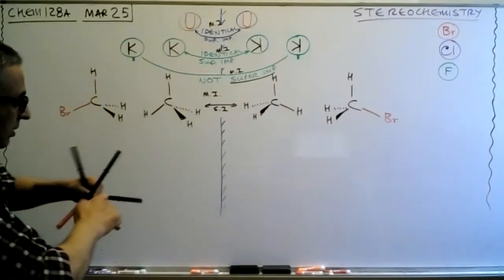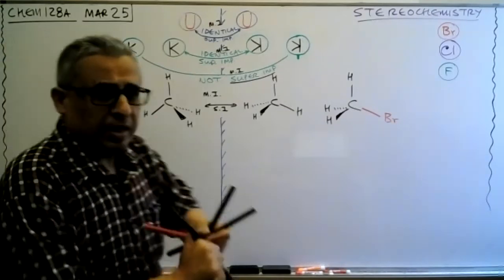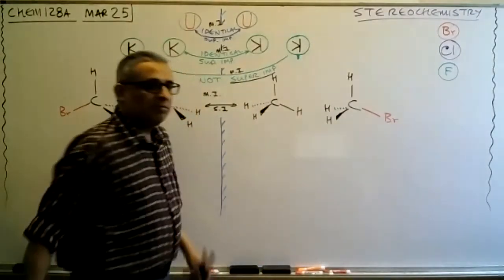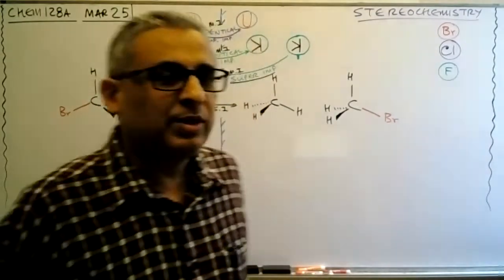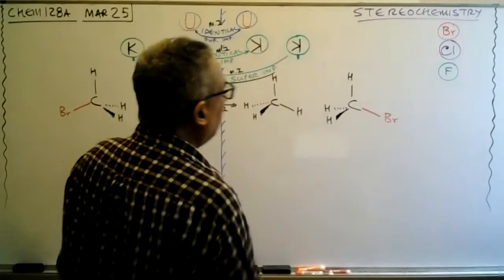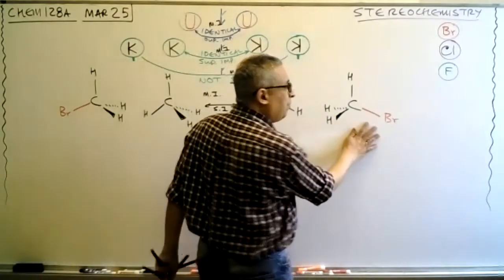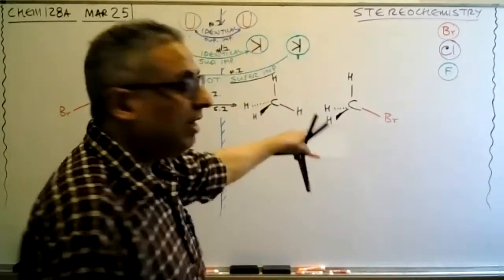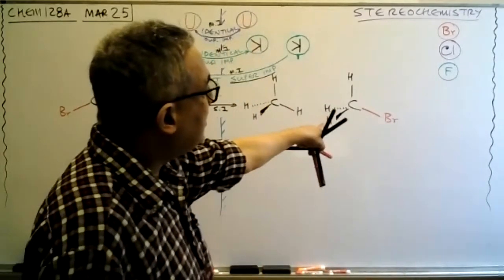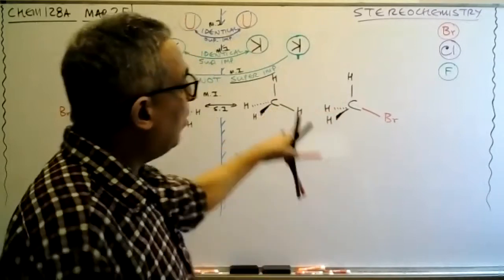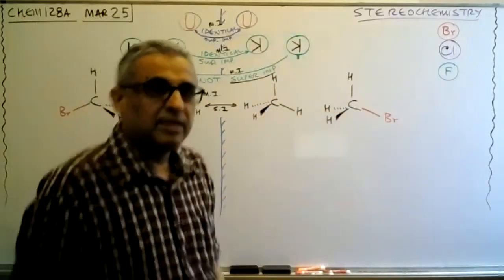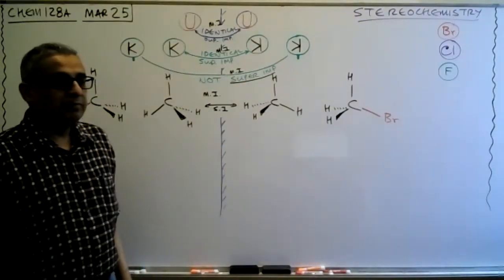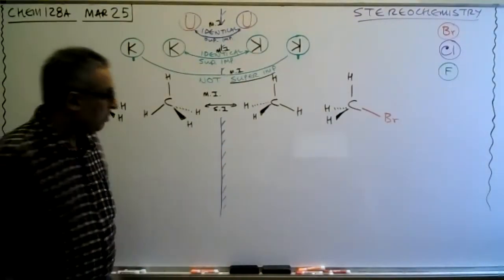So the name of the molecule will be, can somebody name it? What should be the name of this compound? Well, I haven't taught you, so it's pretty unfair. When bromine is there as a group, it's called bromo. If this is bromo something, what should you call it?